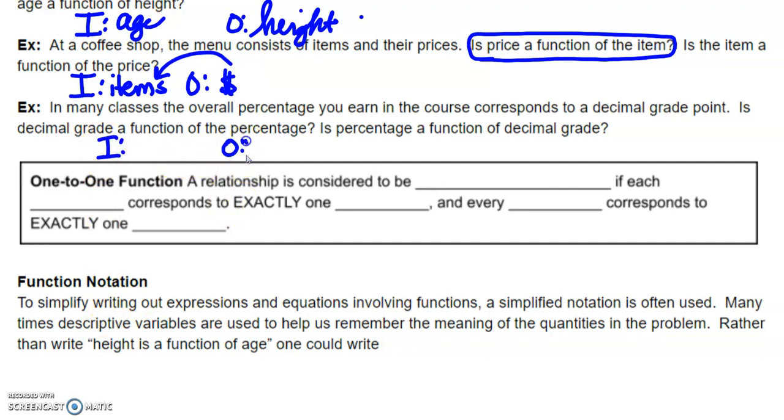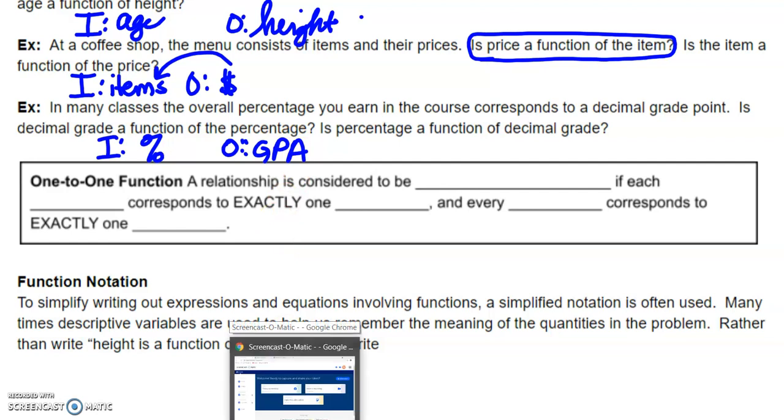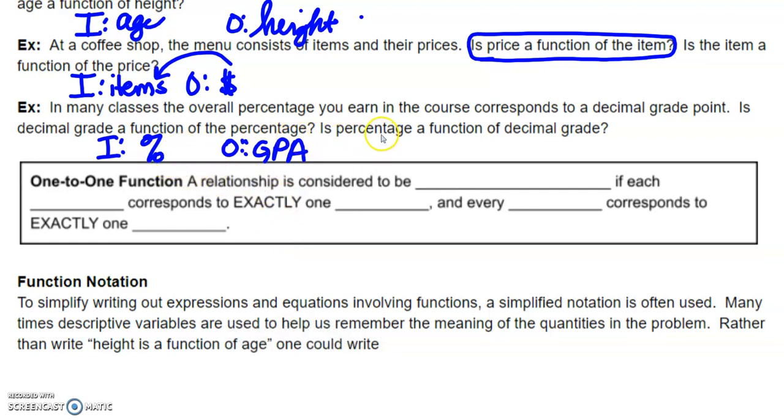Well, the grade point is always determined by what you get on a test, or the percent that you get. So our input in this case is going to be our percent, and then the output is going to be our grade point average, our GPA. And so which order is it? The order is that we want our output to be a function of our input.